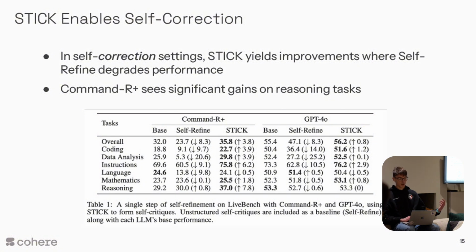But STICK is actually able to, in these settings, still sustain improvements. So where with Self-Refine, you're catching mistakes that weren't there, and you're decreasing the quality of your response. When we use STICK, in these settings, we're still able to improve, like Command R+, reasoning plus 7.8%. So this is a pretty substantial jump.